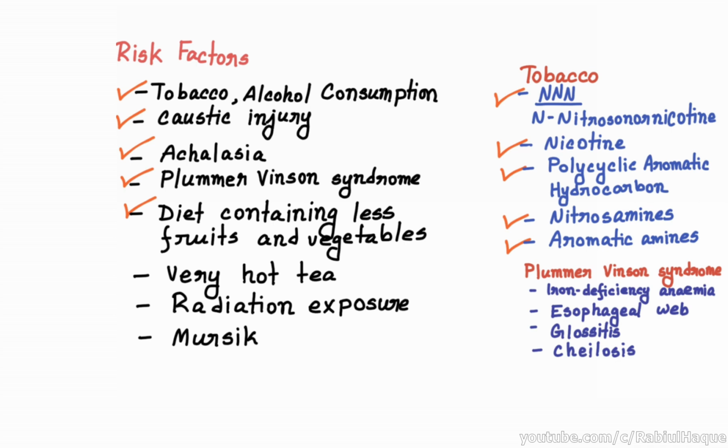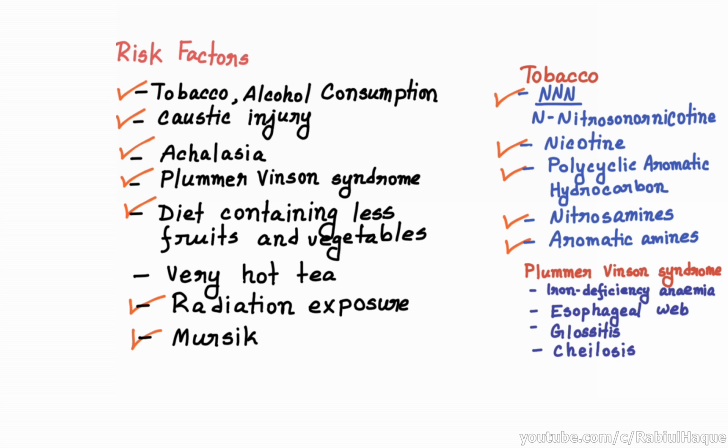The next risk factor is previous history of radiation exposure to the mediastinum, and in these individuals there may be development of esophageal squamous cell carcinoma 5 to 10 years after the exposure. The next risk factor is regarding mursik. It is a traditional fermented milk that is consumed in certain regions of western Kenya, and this drink has a carcinogen, that is acetaldehyde.